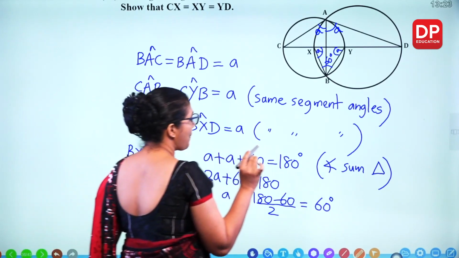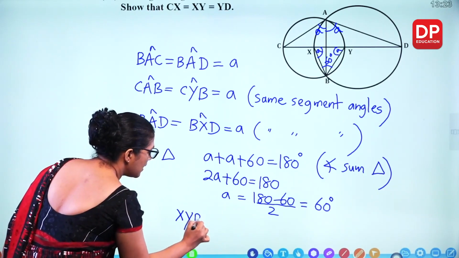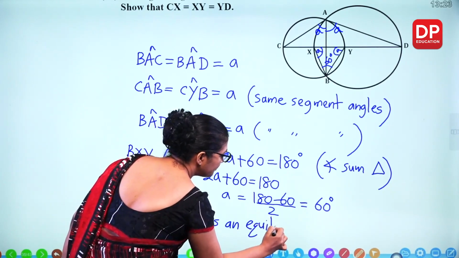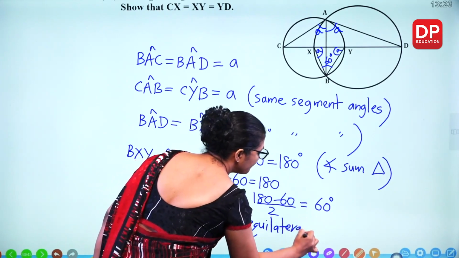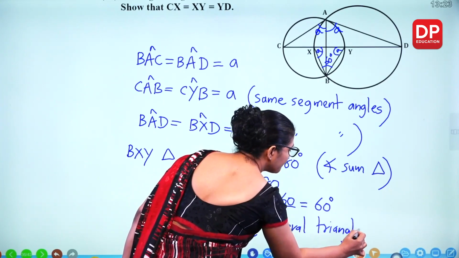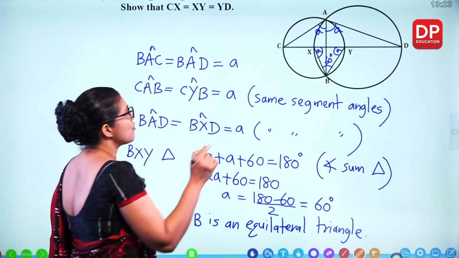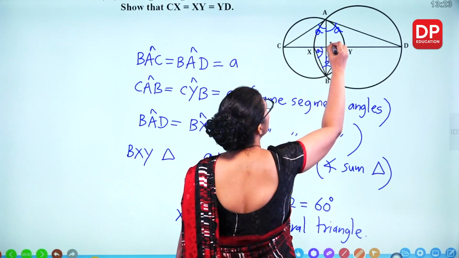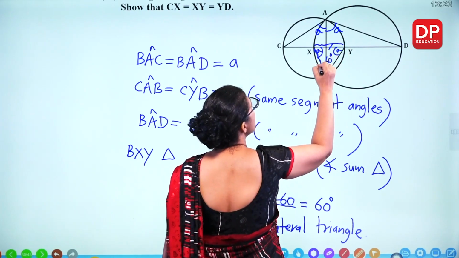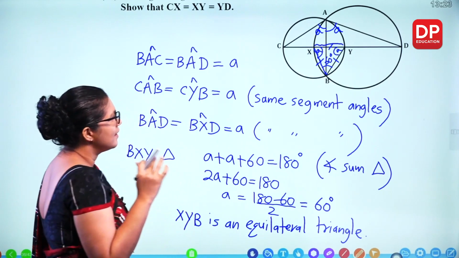So what can you say about that? That means XYB is an equilateral triangle, with 60-degree angles. So if this is an equilateral triangle, all lengths are equal. So this length is equal to this length, and this length is equal to this length.